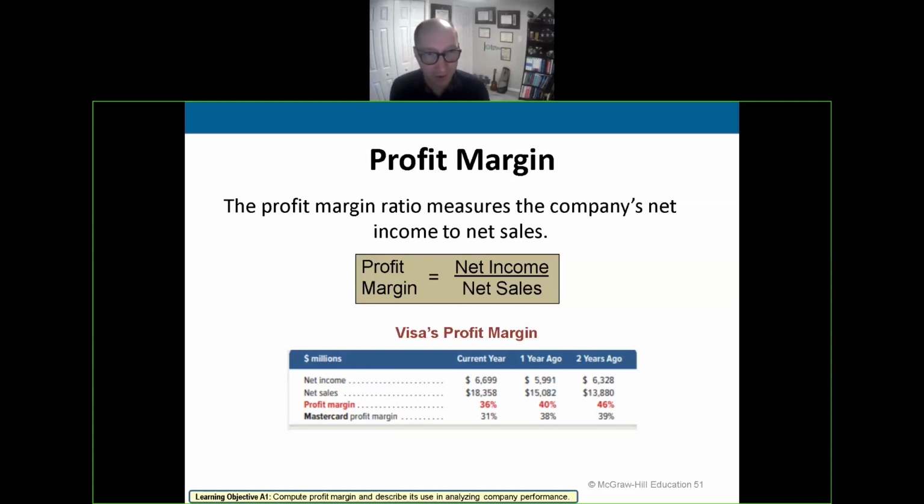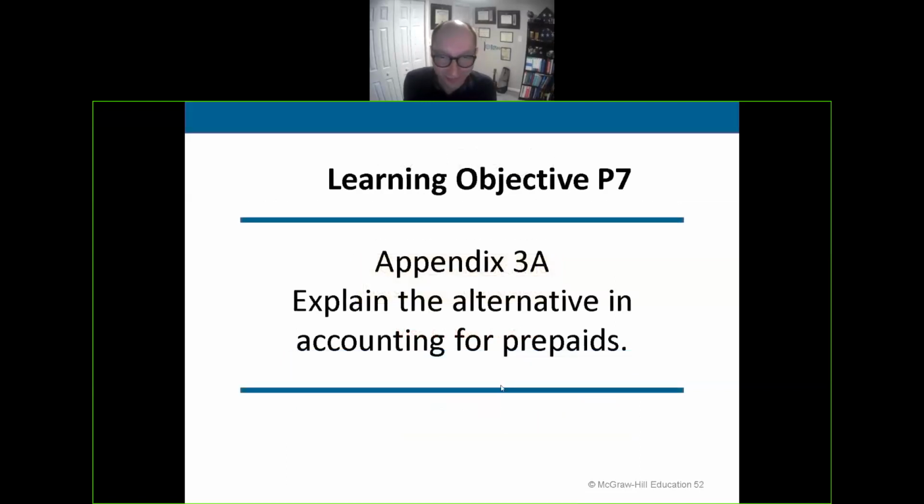The profit margin tells us this. We take the net income divided by net sales, or net income divided by total revenue, whichever it says, right? So net income divided by total revenue gives us our profit margin. Profit margin, real important formula. Of course, the higher, the better.